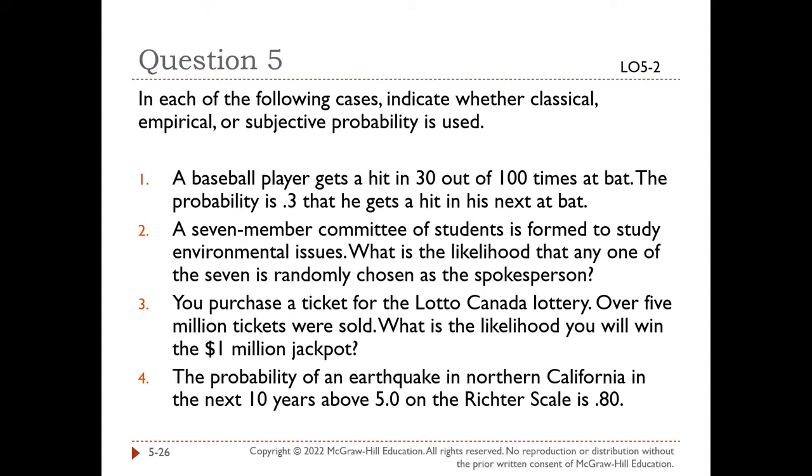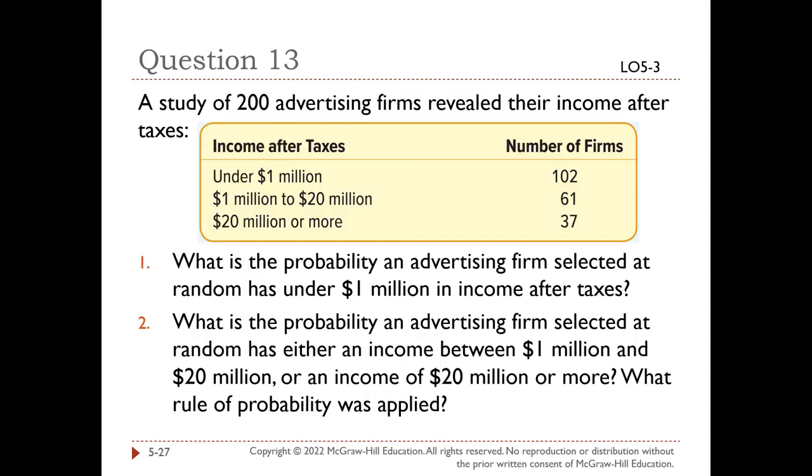Now, this one, again, is being based on seismological data, which ends up making it more empirical than subjective, because it's actually using historical data, which we can take and make more of an educated probability. All right.